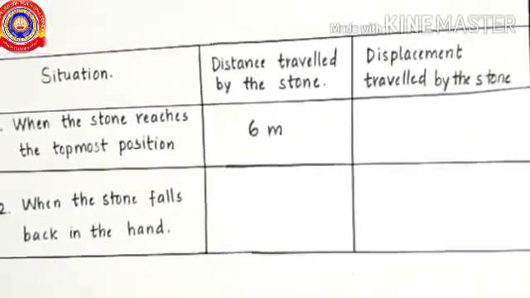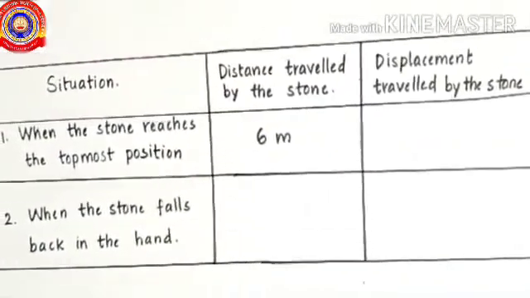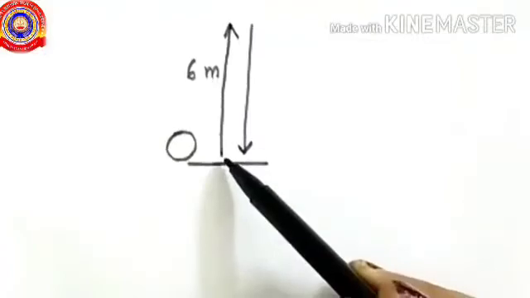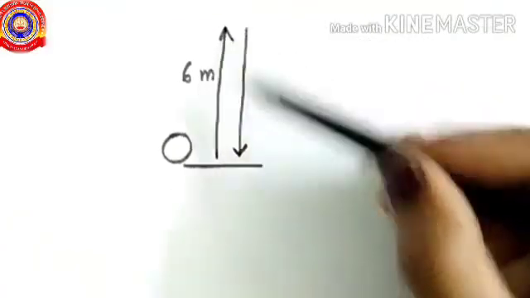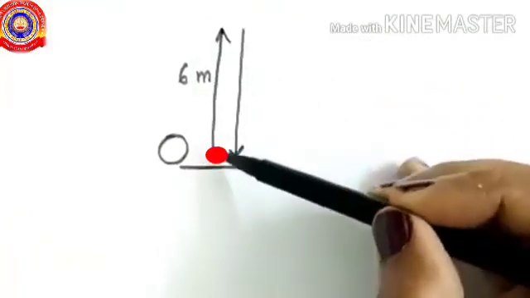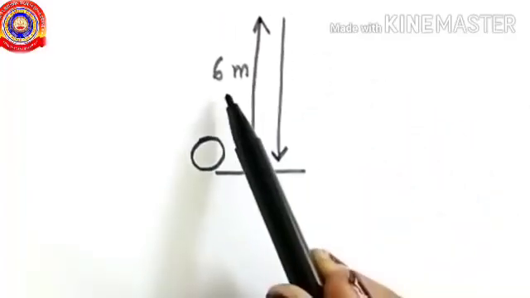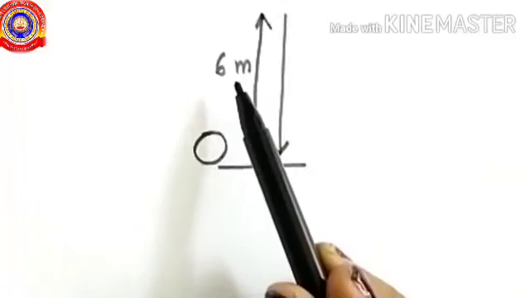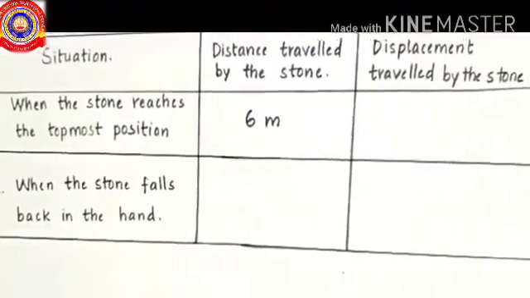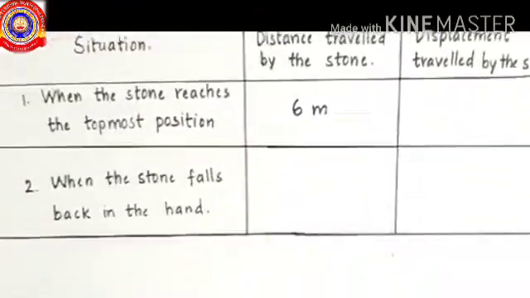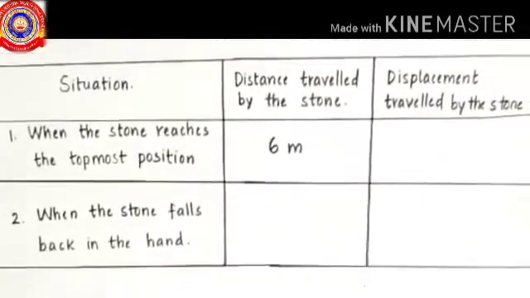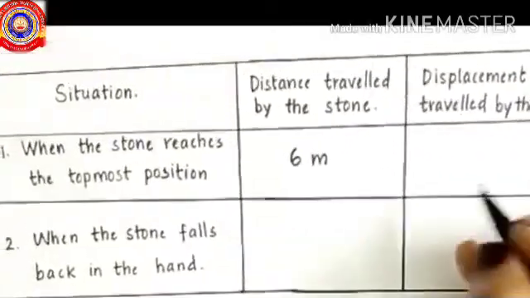Next is the displacement in this situation. Look at this figure. This is the initial point and this is the final point. The straight line distance between them is 6 meter. So the displacement at this time is 6 meter, same as the distance.